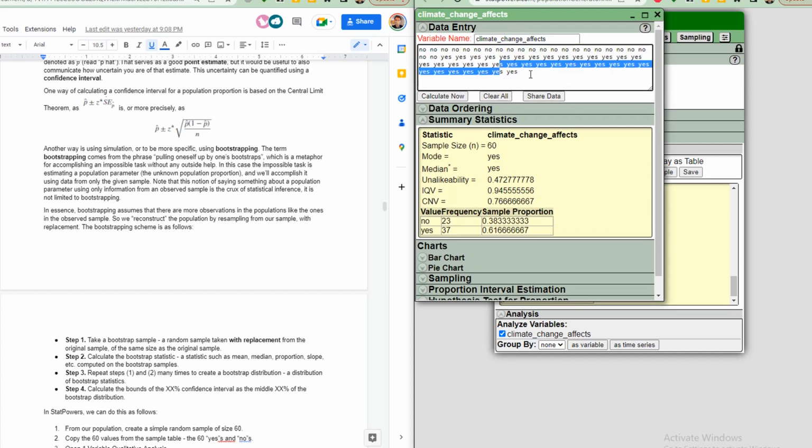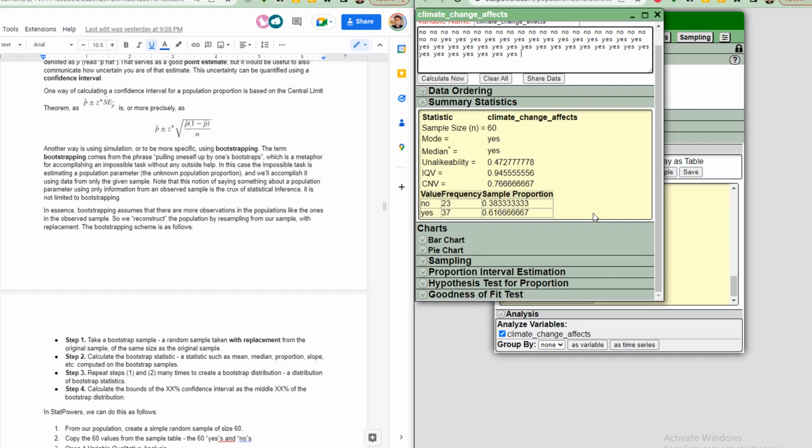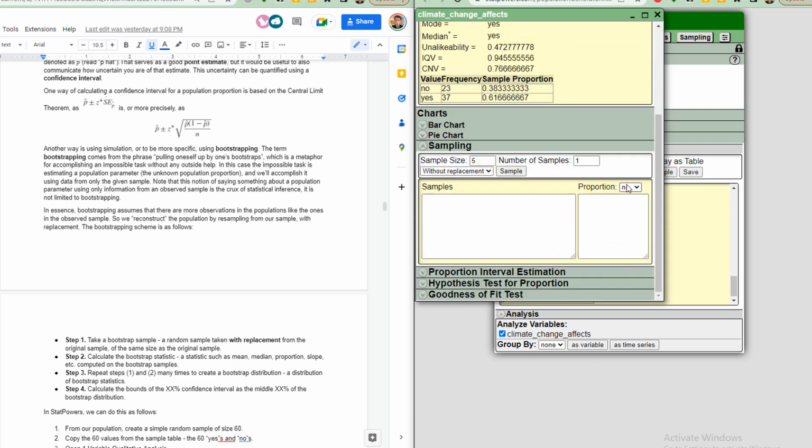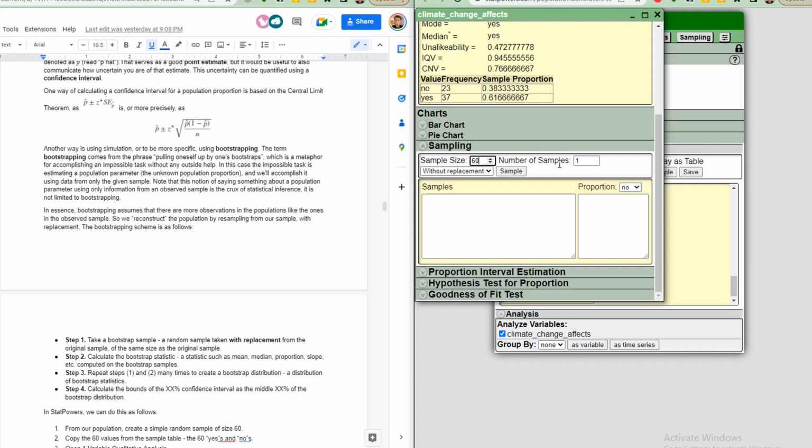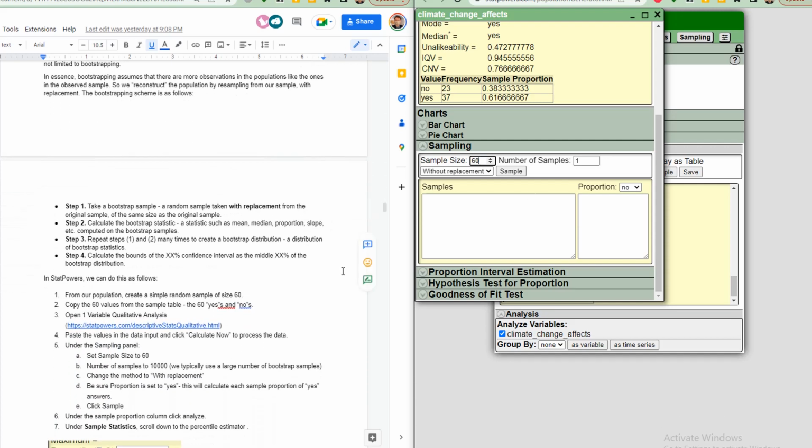We're going to sample and resample from it many, many times to create a distribution and figure out what would be the middle 95% of sample proportions roughly. So I'm going to go down to sampling. I'm going to resample from this, taking samples of size 60, and I'm going to do this many, many times.